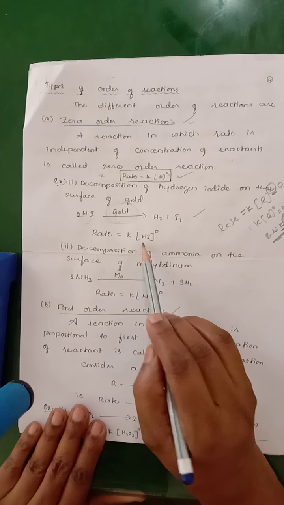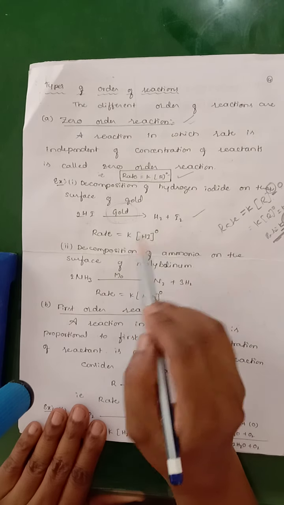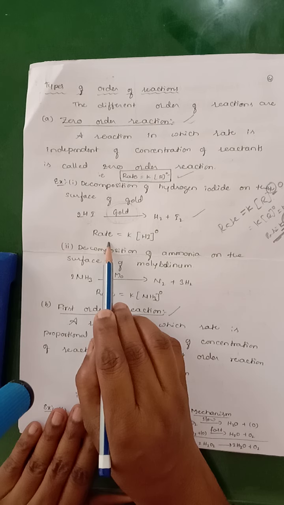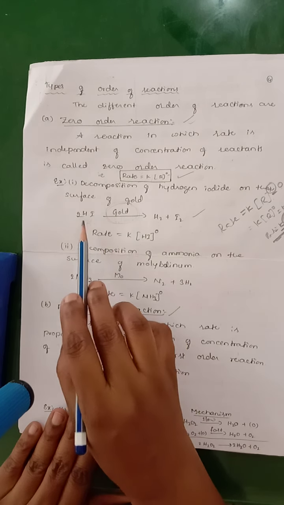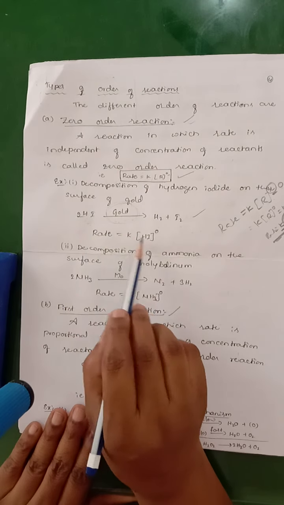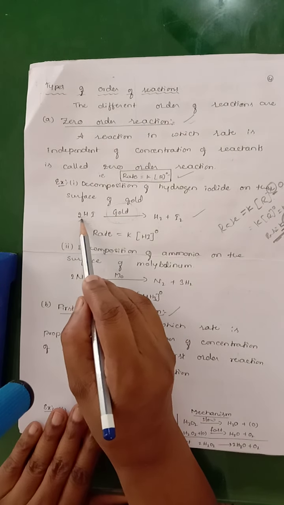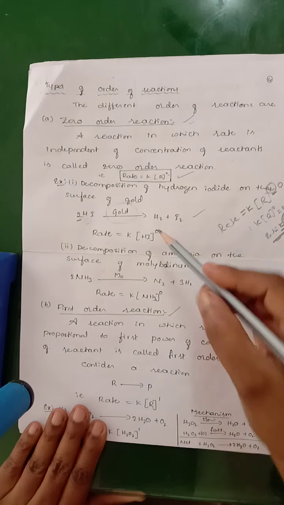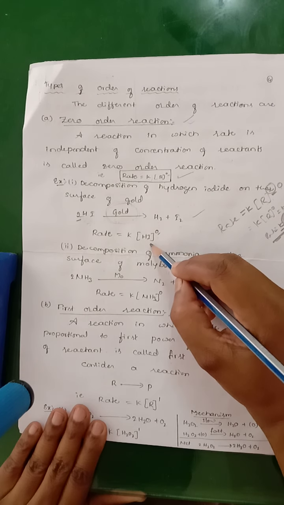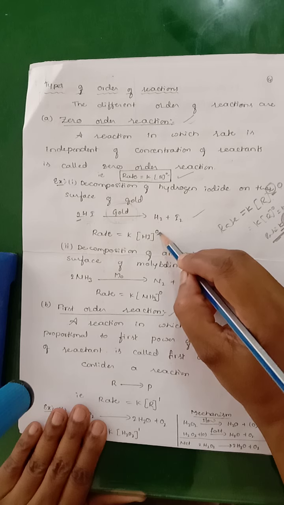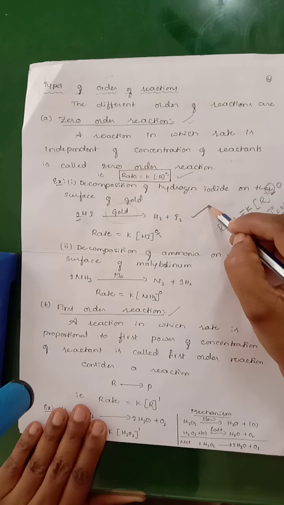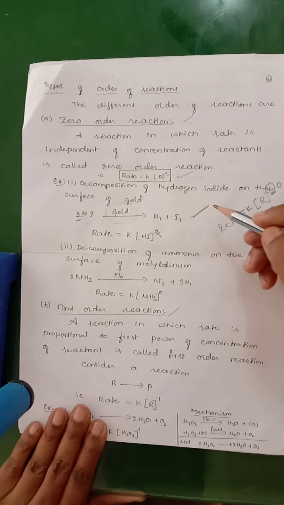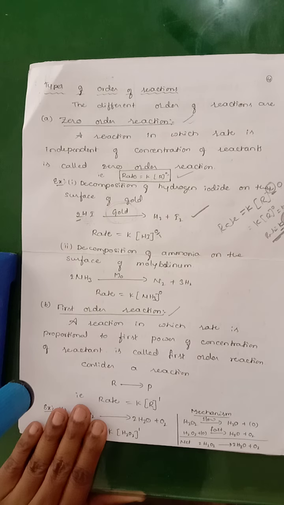For this example, if we write the rate expression, rate of a reaction is equal to k into concentration of HI power 0. Even though 2 moles of reactants are involved in this reaction, the power of concentration of reactant in the rate expression is found to be 0. So why is it called 0? Because this reaction involves a sequence of different steps, that is the mechanism of reaction.